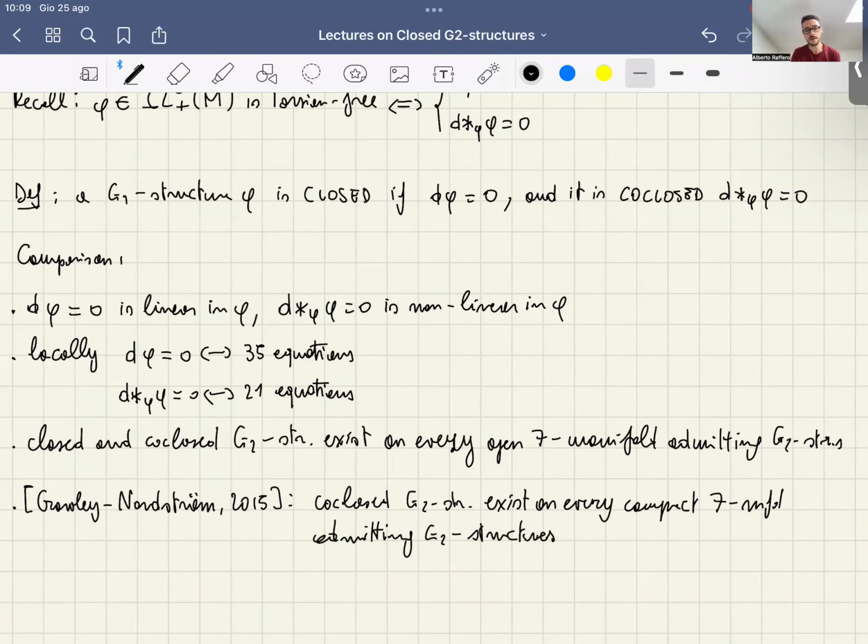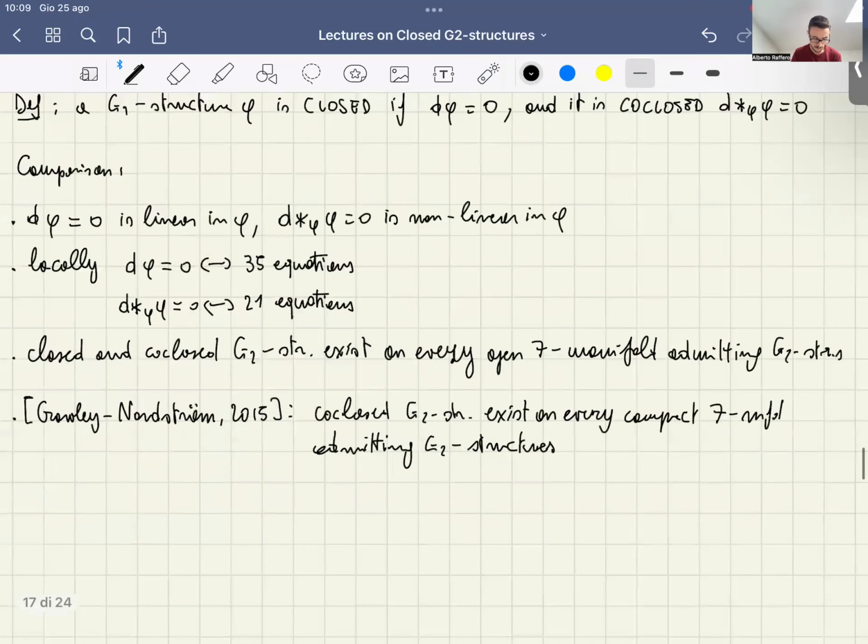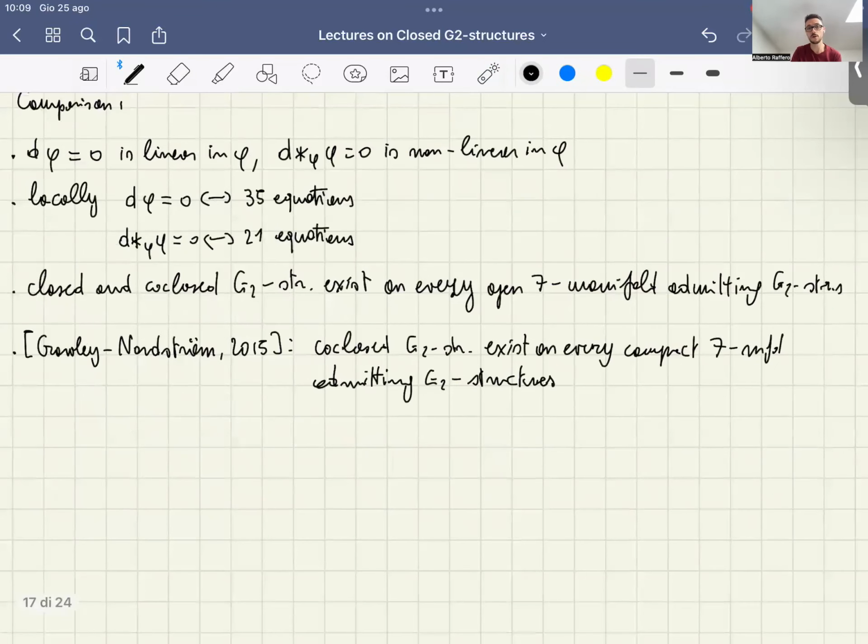And we do not have any result of this type for closed G2 structures. So in general, nothing is known about the existence of closed G2 structures on compact manifolds.